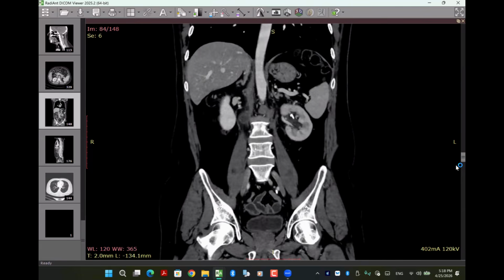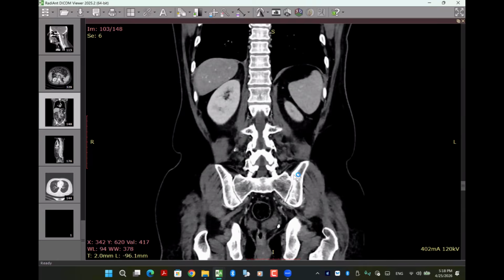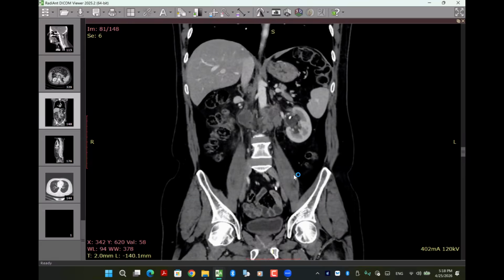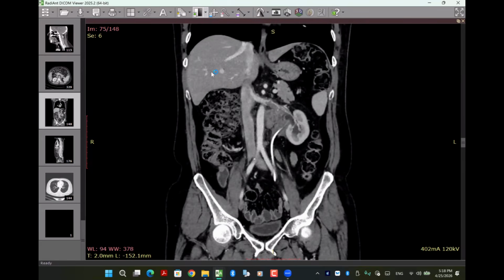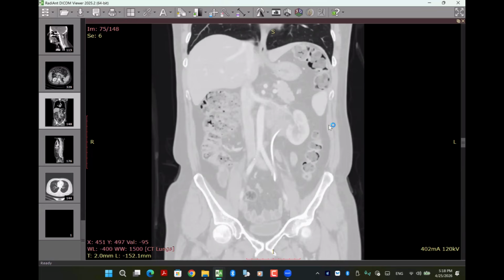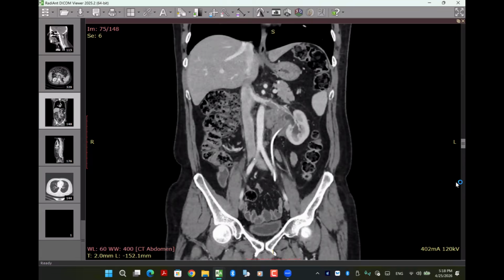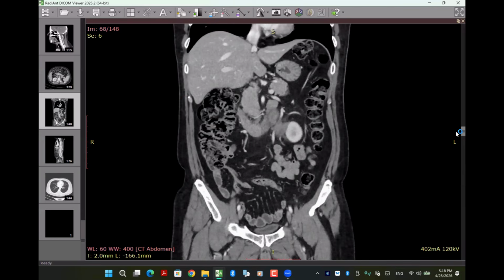I'll just look at the bones, and I'll also look at the liver for any hepatic metastasis. Can I ask you a straight question? Is it common to find inguinal and iliac lymph nodes in such a case?